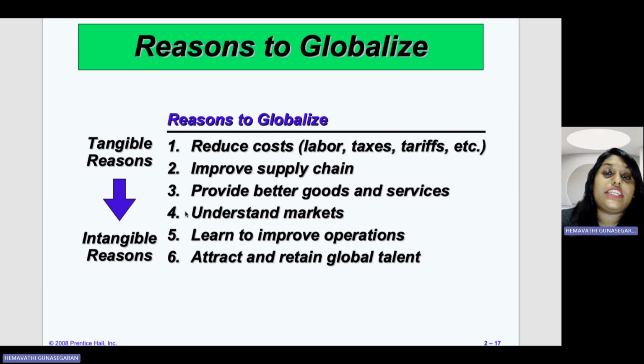The first one is that it is going to reduce the cost. Like I said, if I'm going to take my materials from China, it may look like it is going to be expensive, instead of Malaysia, the country that we are in.